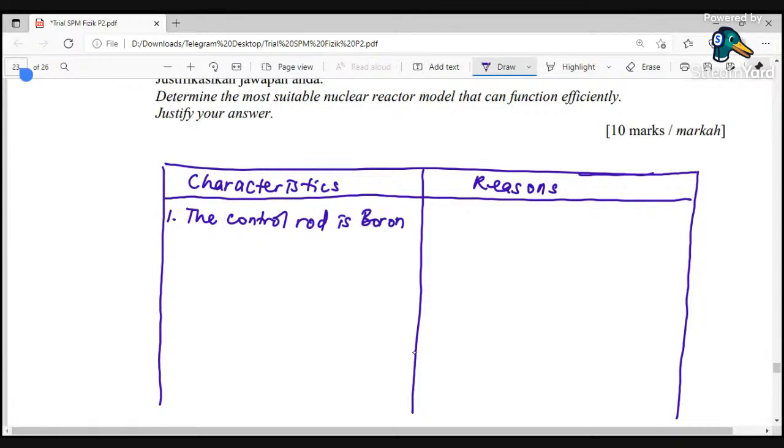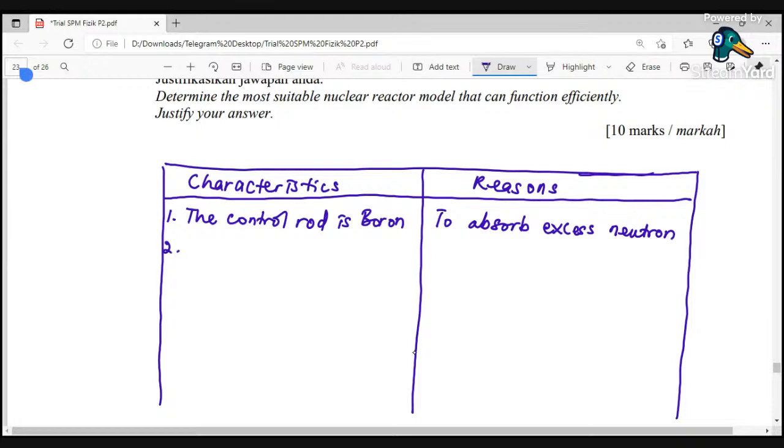What is the function of boron? To absorb excess neutron. Because one fission will release 3 neutrons. So if you want to control it, you just control the number of neutrons able to bombard another nucleus. So what we do is absorb excess neutrons. Maybe just absorb 2, let 1 only bombard another uranium nucleus. So we can control the process.